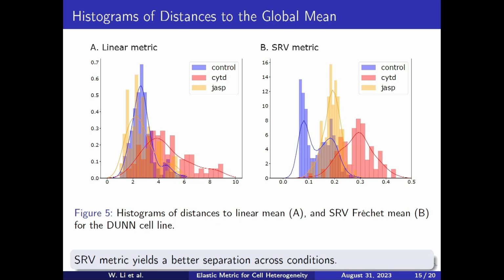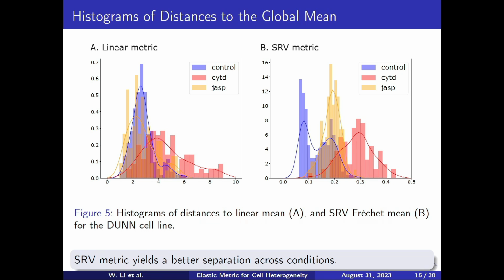The second observation is that the distribution of cytochalasin D, represented by the red one, is wider than that of jasplakinolide, represented by the yellow distribution. This aligns with the biological mechanism that the effect of cytochalasin D is more dramatic than jasplakinolide.